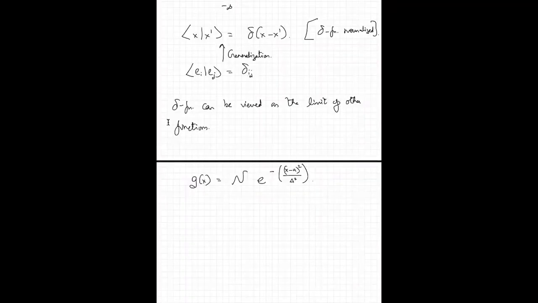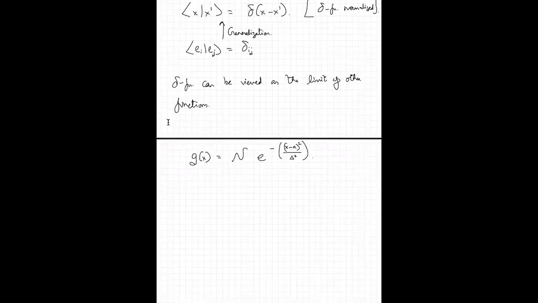So what does this Gaussian function look like? If you plot this Gaussian function, it would look something like this.